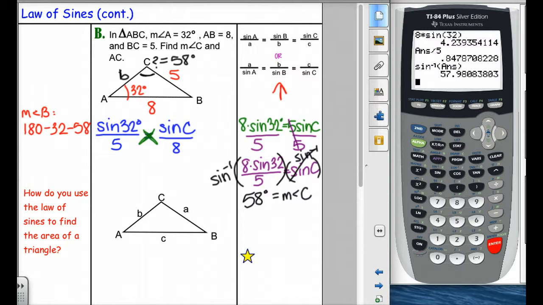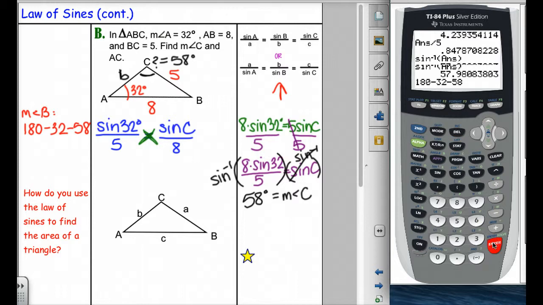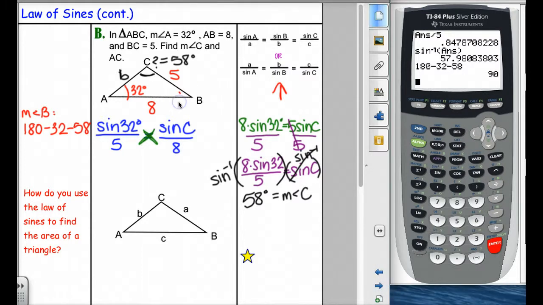So if I take 180 minus 32 minus 58, not 5, whoops, 58, I get 90. Ooh, so that's nice that angle B, despite what my picture looks like, is going to give me 90 degrees over here. So now I can go ahead and finish this off.